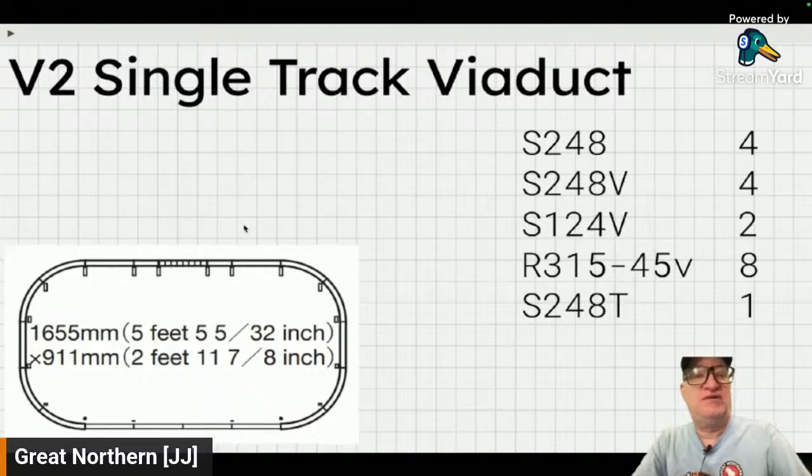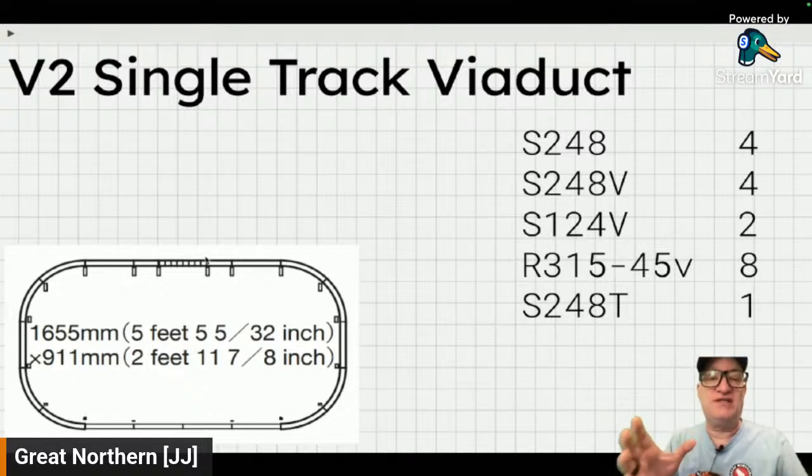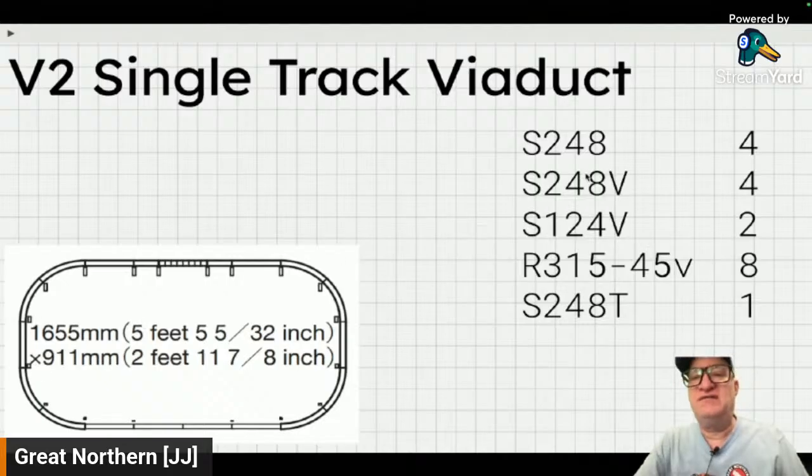Okay, so then you've got another. The V2 is called the single track viaduct. So this is a partially raised layout. This comes in a box, everything you need to get going, except it doesn't include a feeder, but it has 4 of those straight tracks.